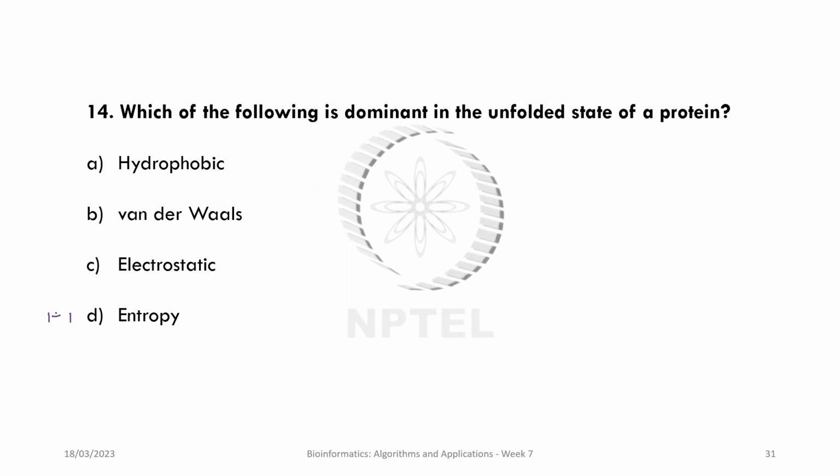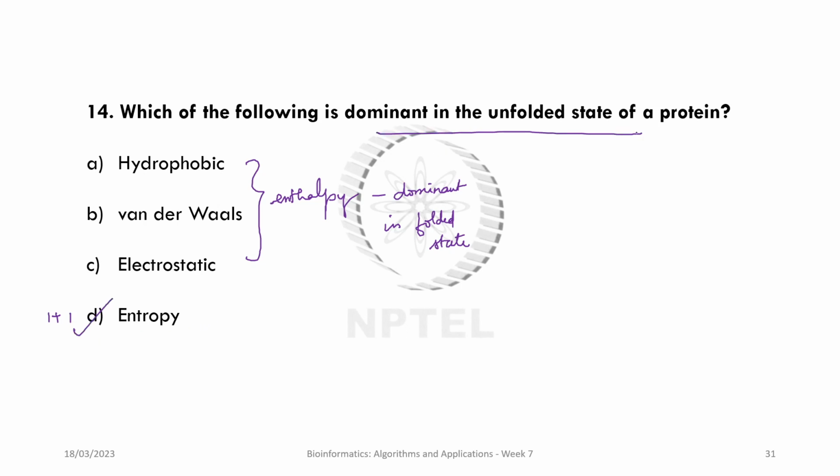Venkatesh says D. All the other options A, B, and C, hydrophobic, van der Waals and electrostatic forces of attraction, are contributing towards the enthalpy of the protein, which dominates in the folded state. Right? So entropy is the only option that dominates the unfolded state of a protein, and therefore D is the answer.